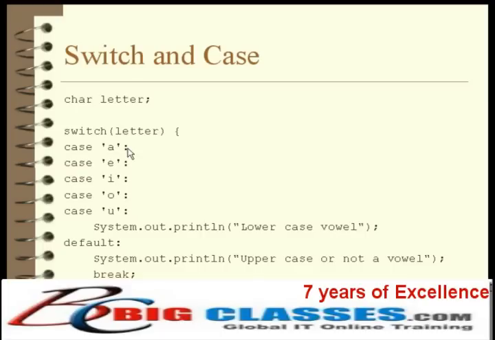That is, it's a constant value of the data type char and can be used directly on a case statement. This list of case statements will catch any value of the letter being a lowercase vowel. If you want to detect uppercase vowels also, you'll have to list them separately. Remember, Java has 52 letters in its alphabet.